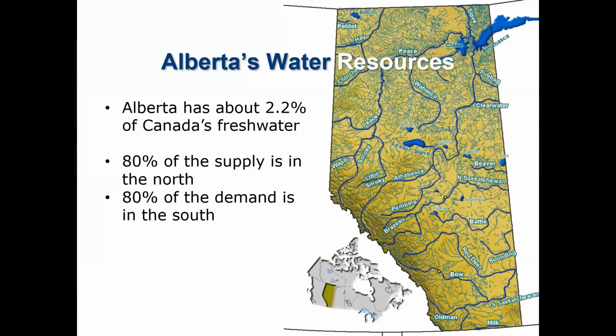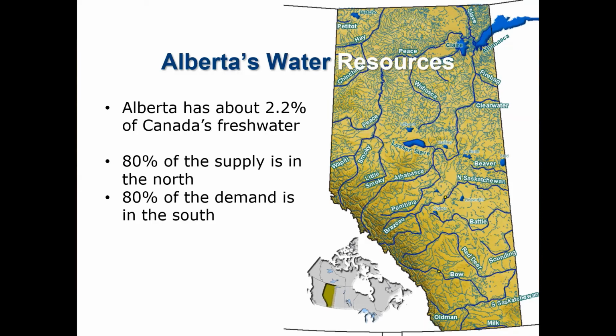So let's talk about Alberta water. We have not a huge amount of Canada's water, about 2.2% of the fresh water in Canada. And partly that is because we don't have a lot of big lakes. If you look at some place like Ontario and Quebec, they have the Great Lakes. You look at Northwest Territories, there's Great Slave Lake.